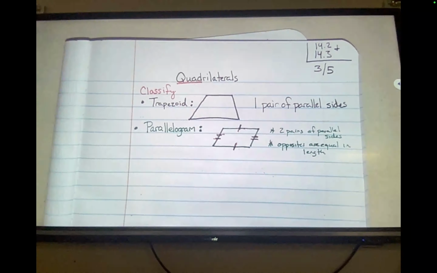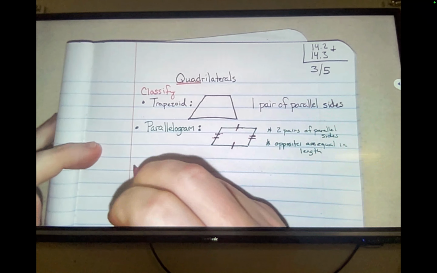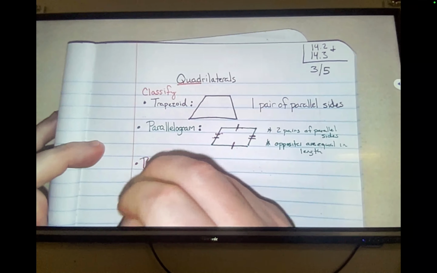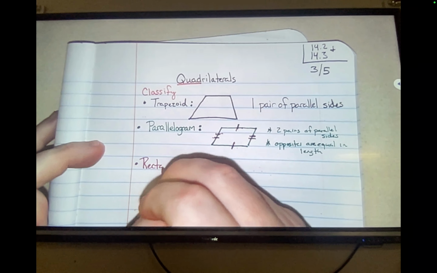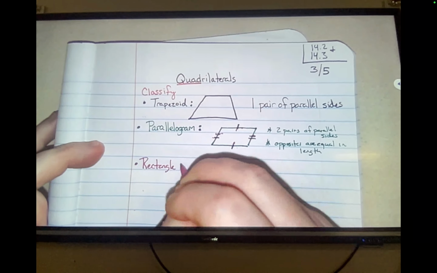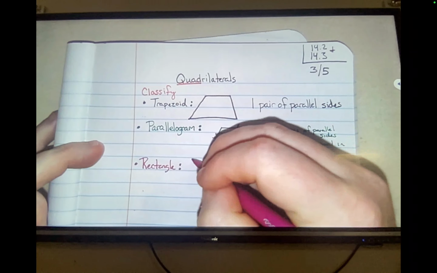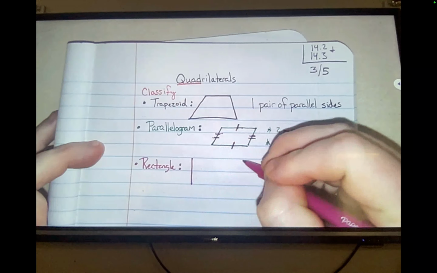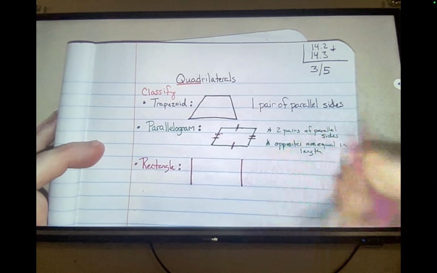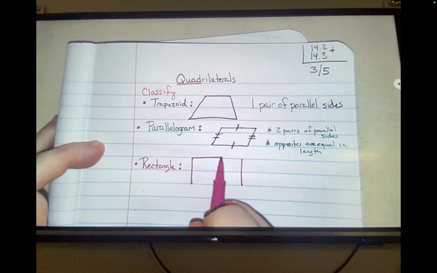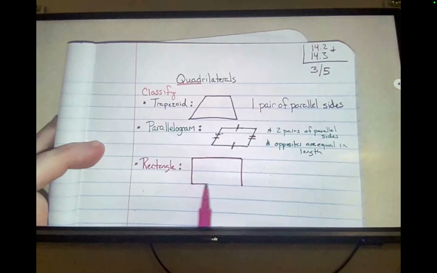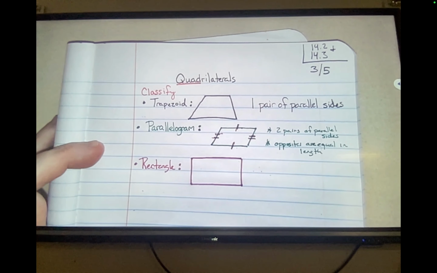So we have trapezoid, we have parallelogram. Next, we have the rectangle. The rectangle is similar to the parallelogram, but instead of being slanted, it's really just straight up and down. So we got this, we got this, so we see they're equal. And this is also equal.